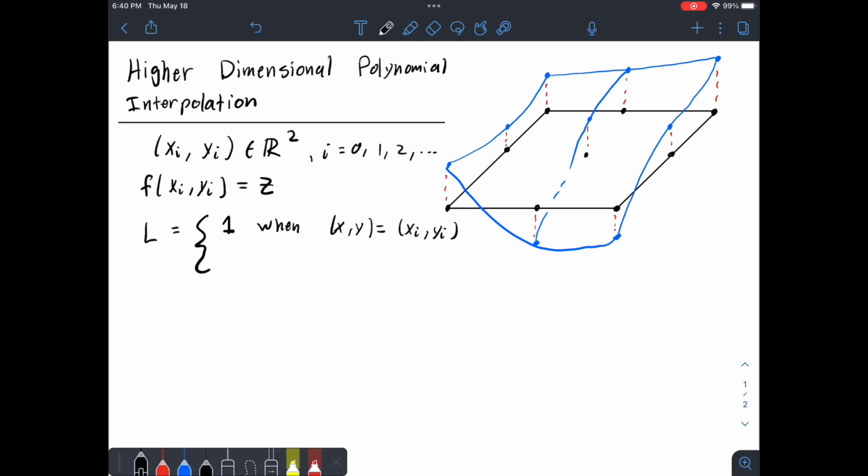Or rather, I should probably say xj, right? Because we're not always at the same coordinate. Let's make that better. There, xi, yj.